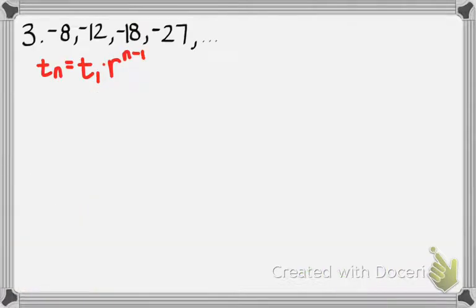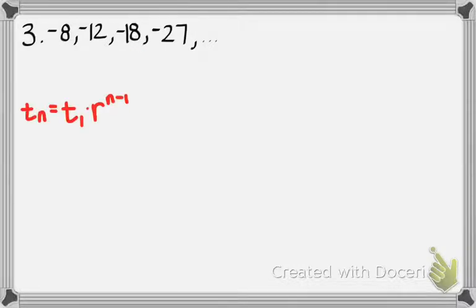For number 3, we're asked to write a rule for the nth term of the geometric sequence. So I've reminded us of the formula for the nth term of a geometric sequence in red. To fill in this formula, I need T1 and r.